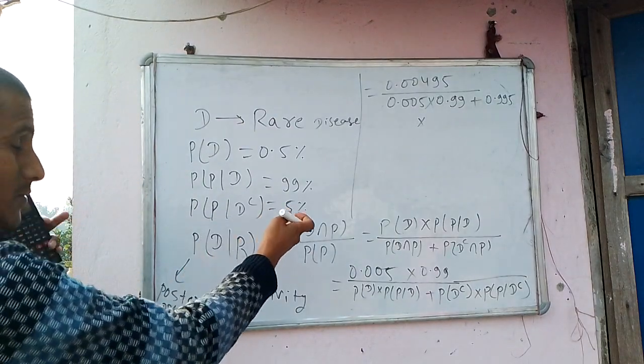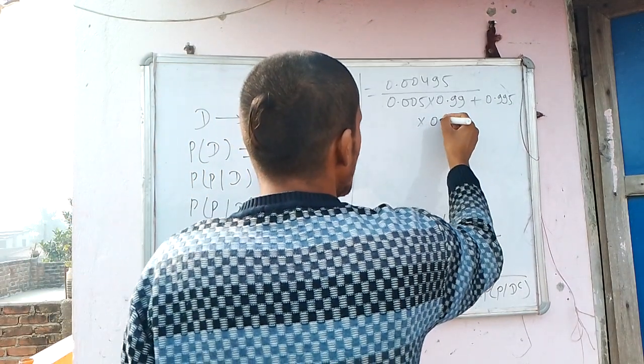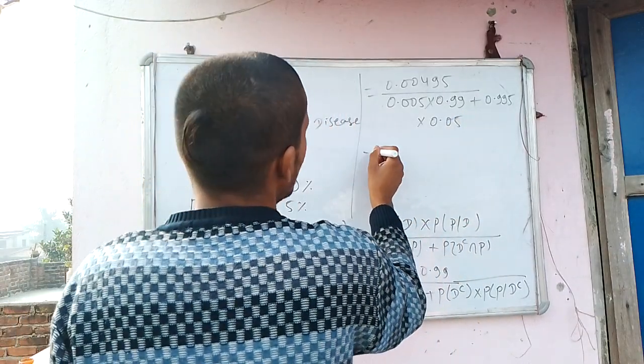P given D complement is 5%, so it is going to be 0.05. If you do the calculation, you have the answer.